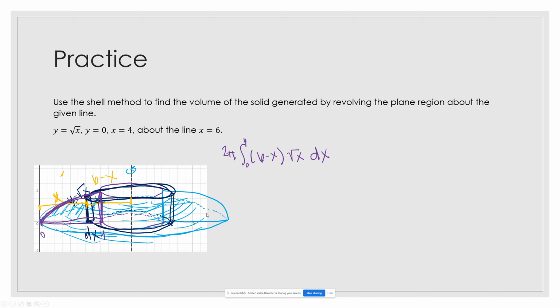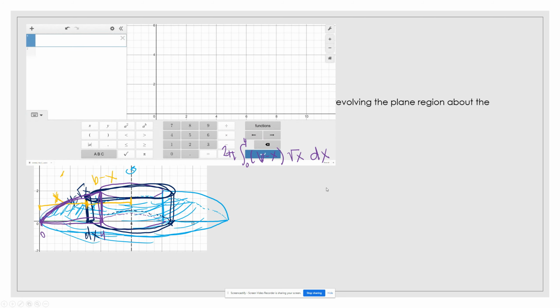We definitely could integrate this by hand if we wanted to. We need to distribute this in and then use the power property of integration. But let's go ahead and use Desmos and integrate it. So again, I'm only going to put the 2 out front. I'm not going to put the pi because pi is irrational, and I'll just add that later. I'm going to go from 0 to 4. I'm going to put my radius here, which is 6 minus x.